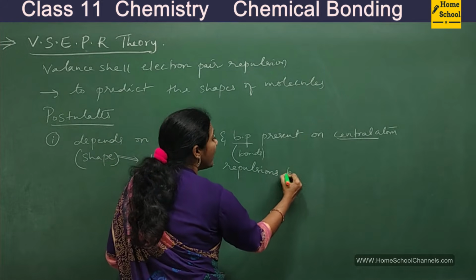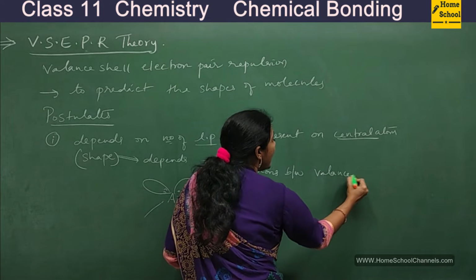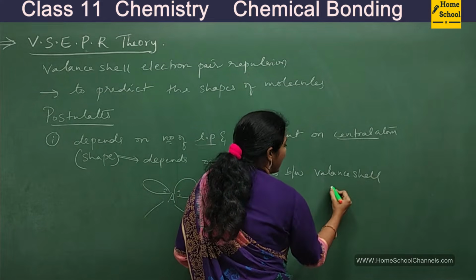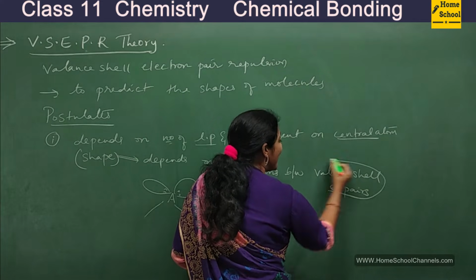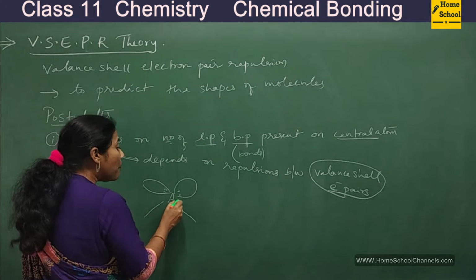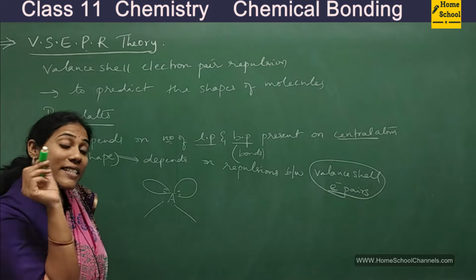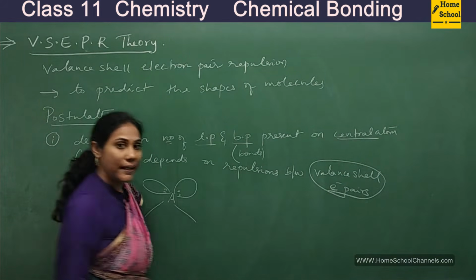repulsions between valence shell electron pairs. What do you mean by valence shell electron pairs? These lone pairs and bond pairs present around the central atom are called valence shell electron pairs.